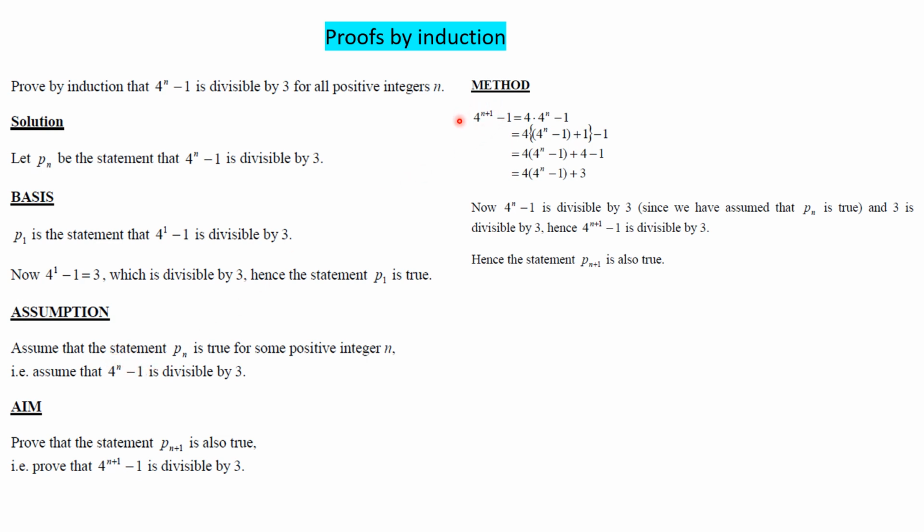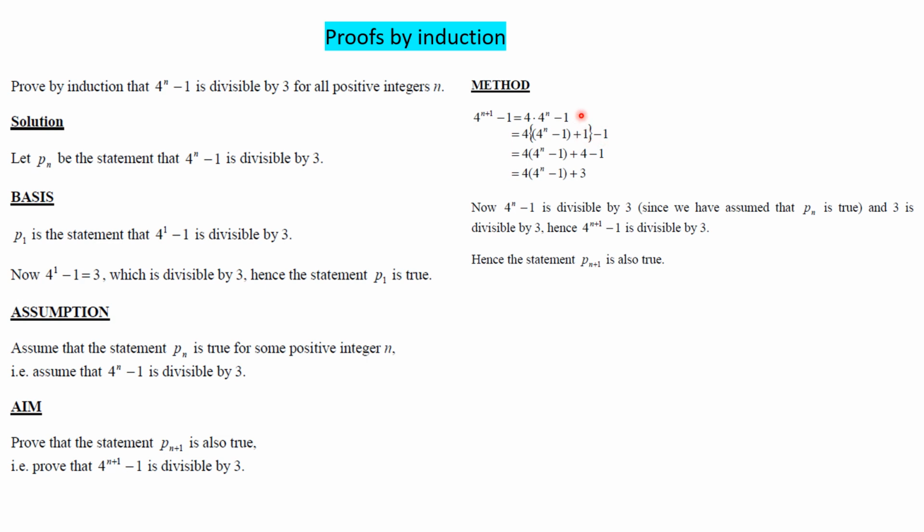So let's start from here. You've got 4 to the power n plus 1 minus 1. We know that we want to isolate 4 to the power n minus 1 somehow. So this is how you do it. Because there's a factor 4 in front of 4 to the power n, you want to take it out, and then you minus 1. But if you minus 1, you have to add 1 to balance it out.